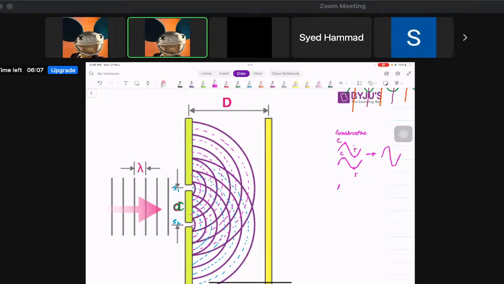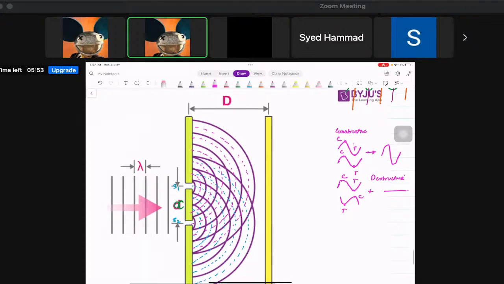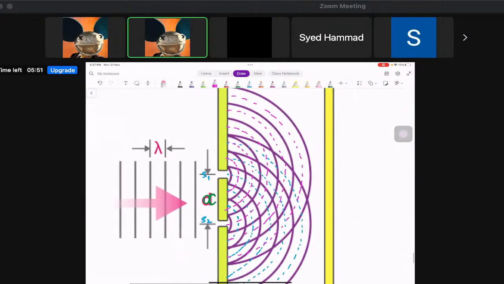For destructive interference, a crest meets a trough and a trough meets a crest, then it becomes destructive interference. Is that clear, everyone? If you look at this point right here, you see the solid line is meeting a solid line, which means it is constructive interference. Is it clear, everyone?